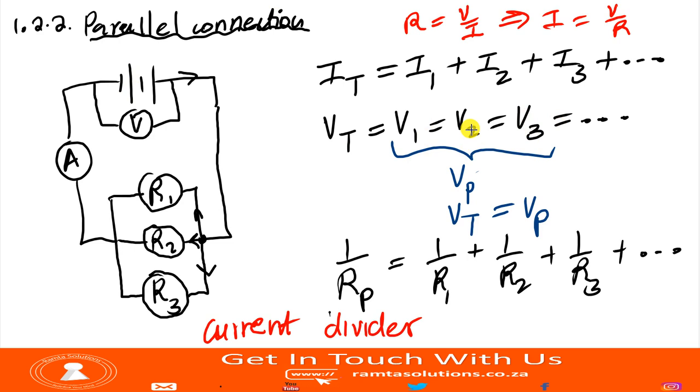So without any waste of time, let's proceed to the next item. The next item is item 2. Item 2 is Ohm's law. Okay?